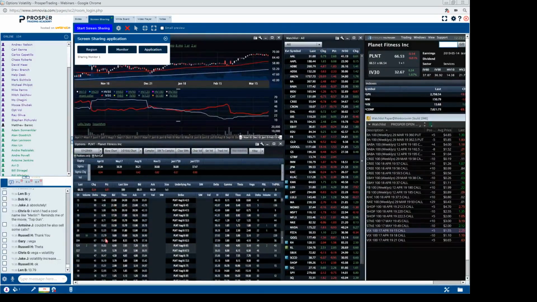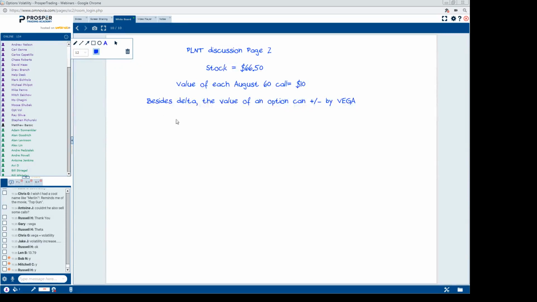Everybody see that? So the Vega of the August 60 call, unlike delta, where call and put deltas are not the same unless they're both at the money and they're 50-50, Vega is the same whether it's a call or a put option.